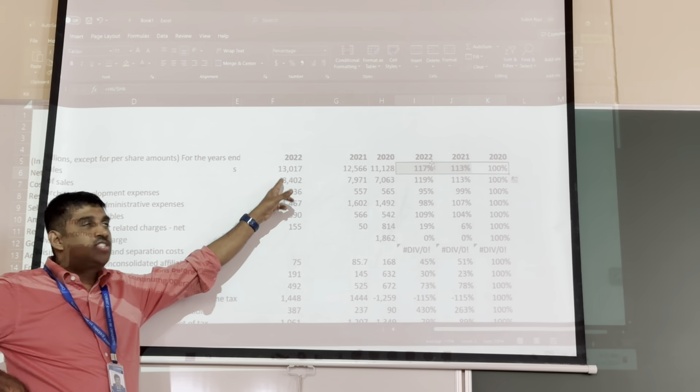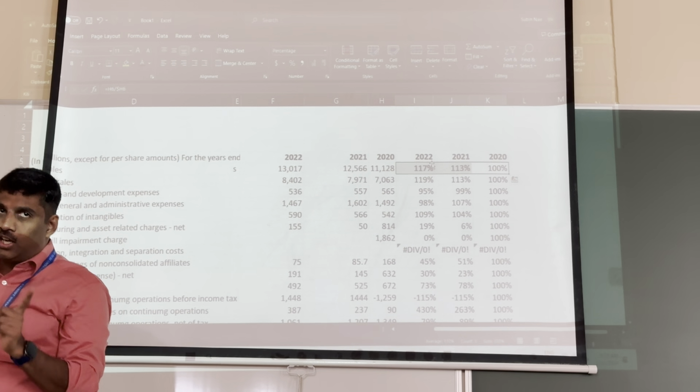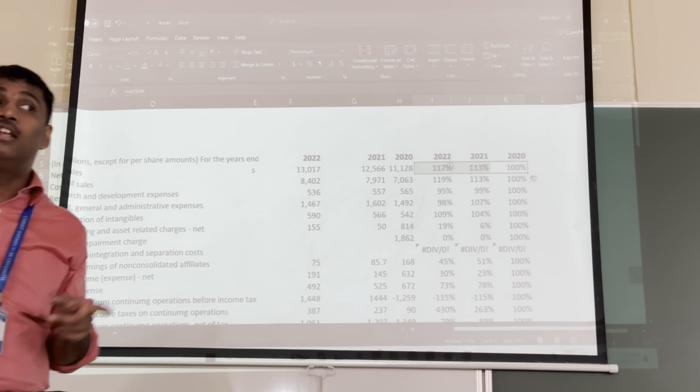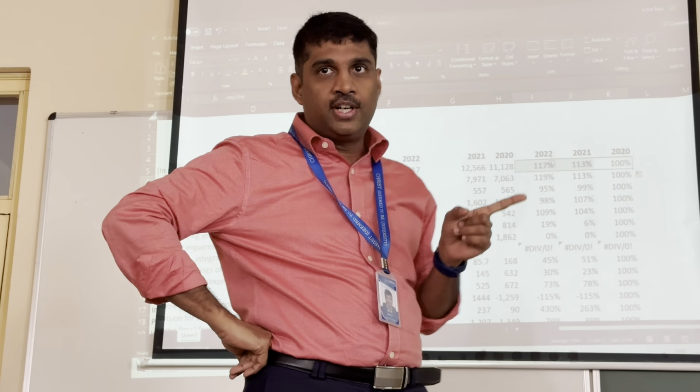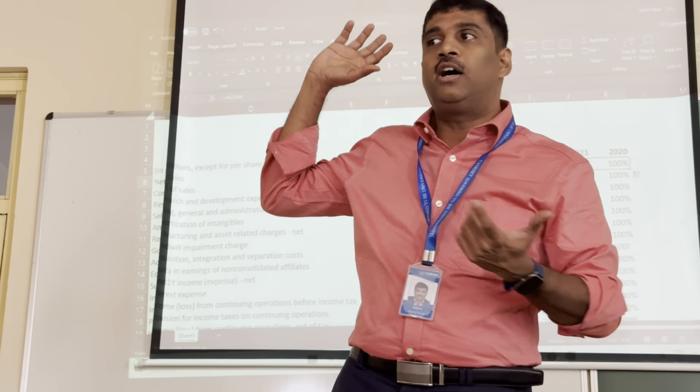If the sales are dropping, you need to reason it out. If the sales are increasing significantly, then also you need to reason it out. What could be the reason for sales to be higher?